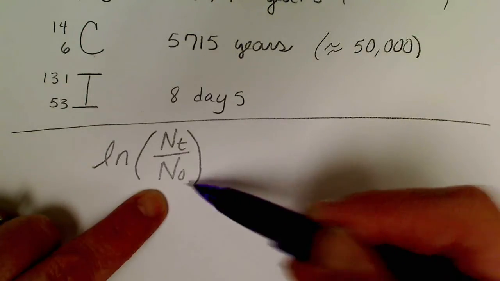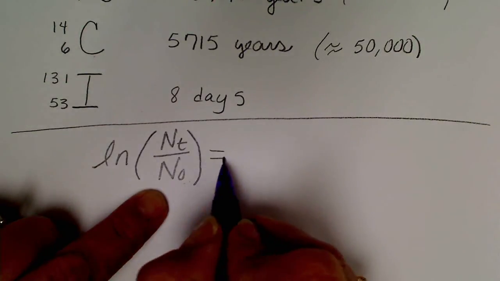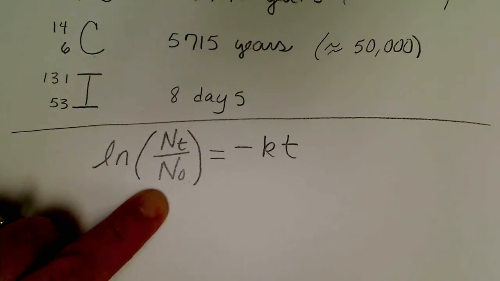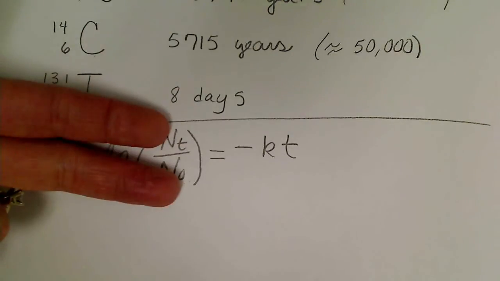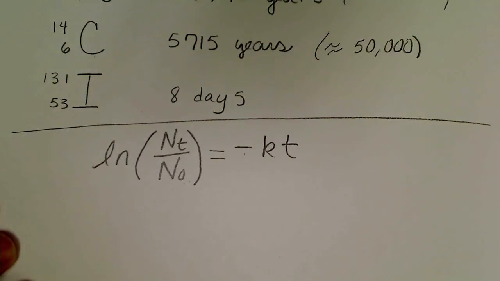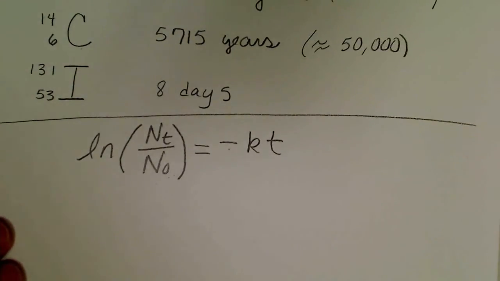So our initial concentration is always in the denominator, equals negative kt. Of course, if we flip this fraction around, we would change that sign, but this is typically the way this equation is written.